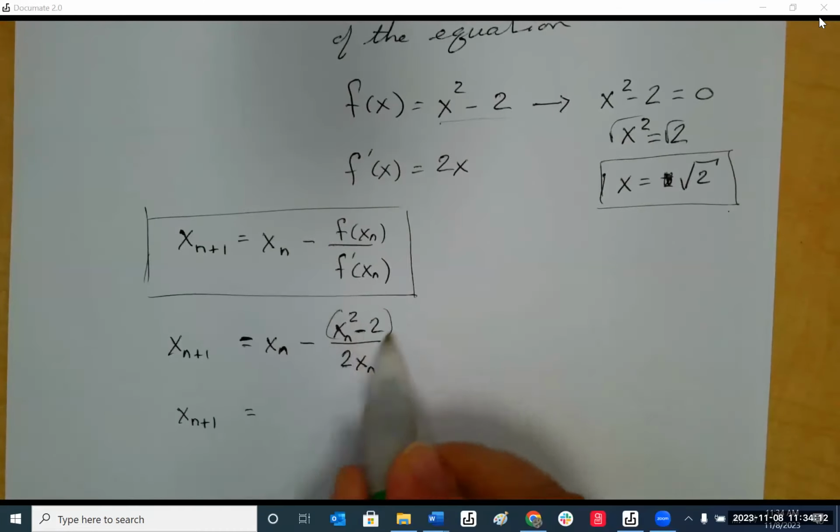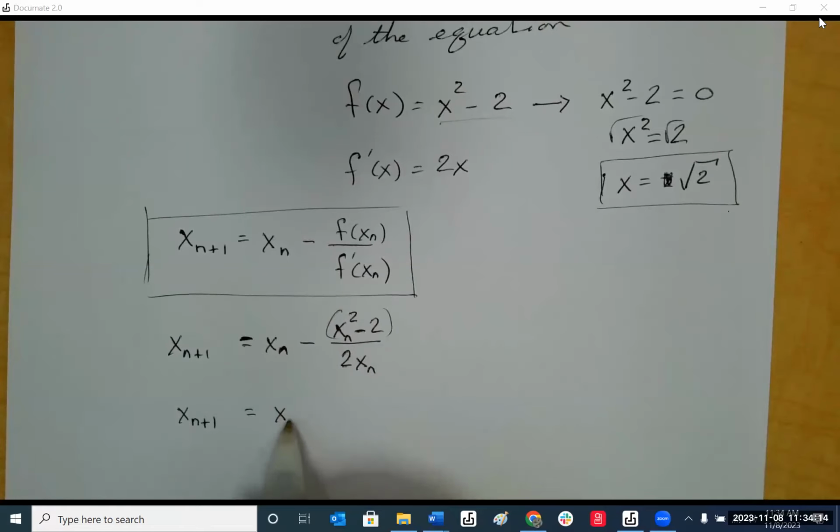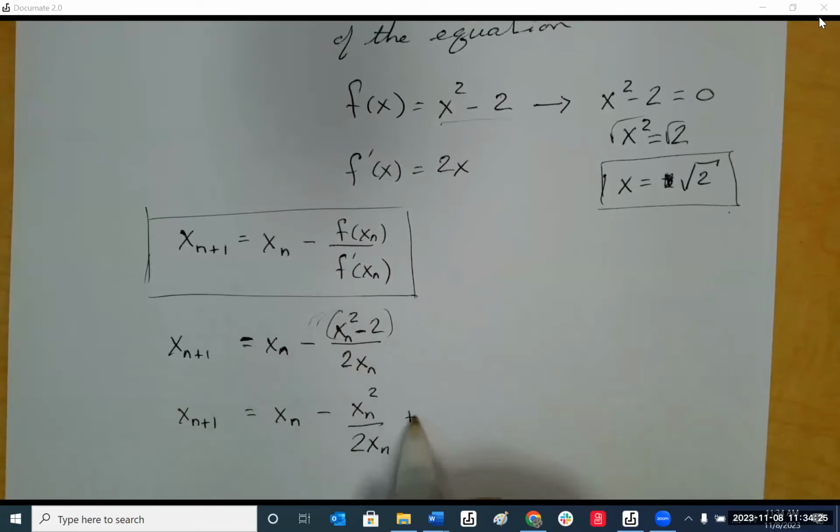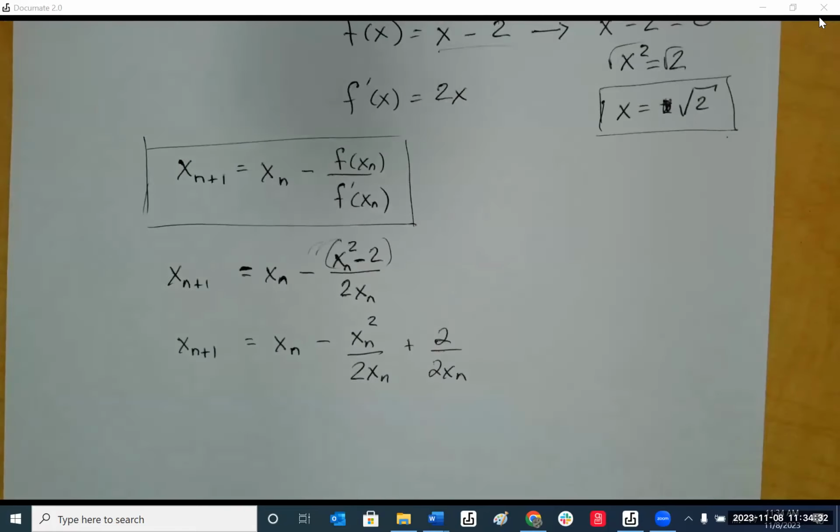Well, we have this equation here first. We can split these up: x sub n squared over 2xn plus 2 over 2xn. Rather, that's a difference equation, so I distributed the negative inside there.